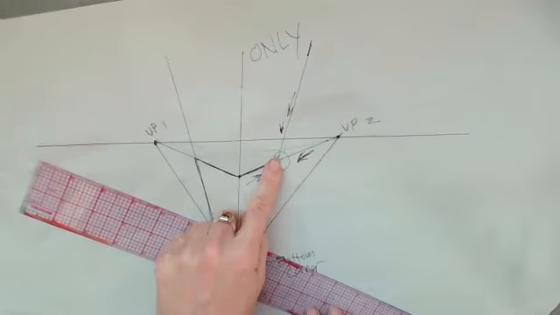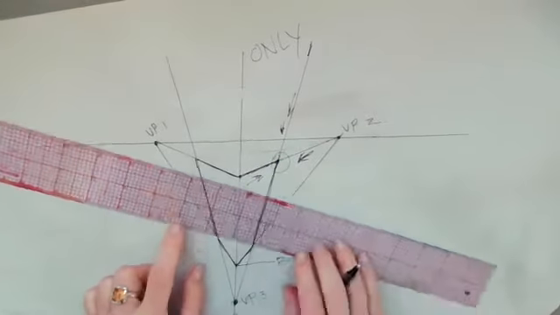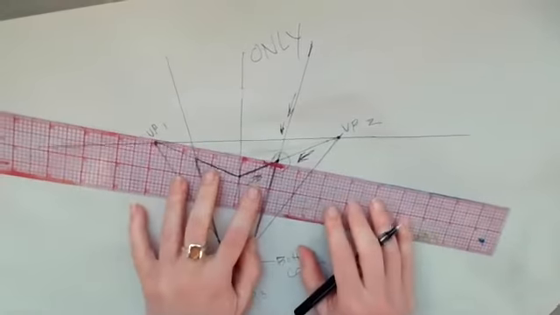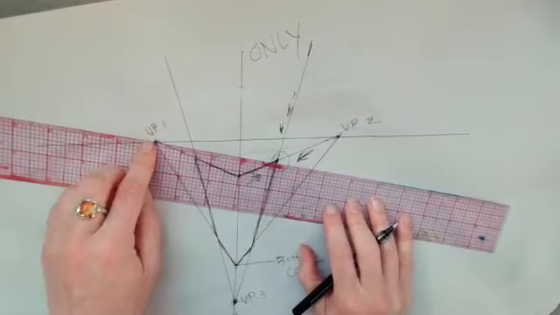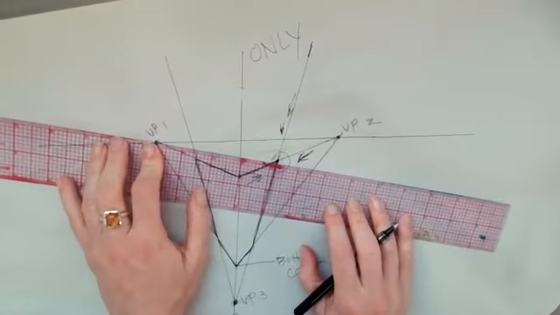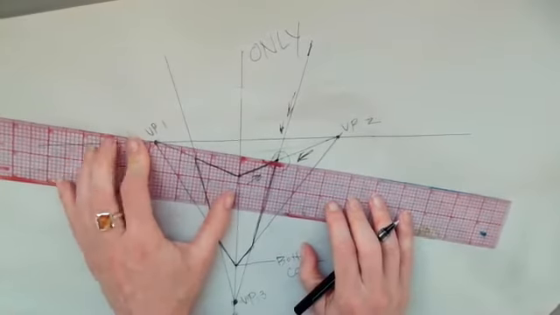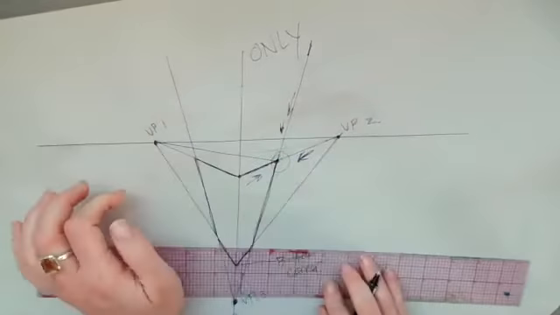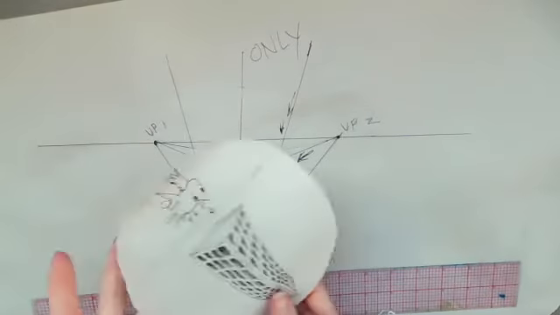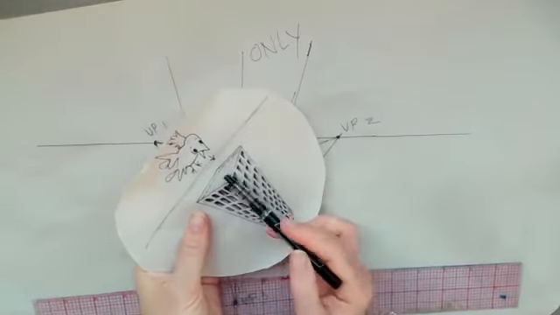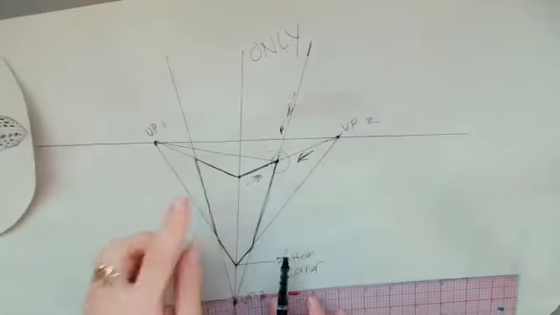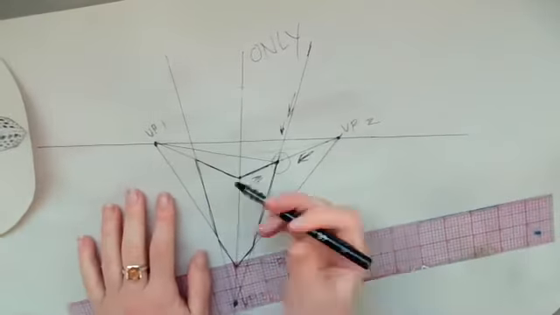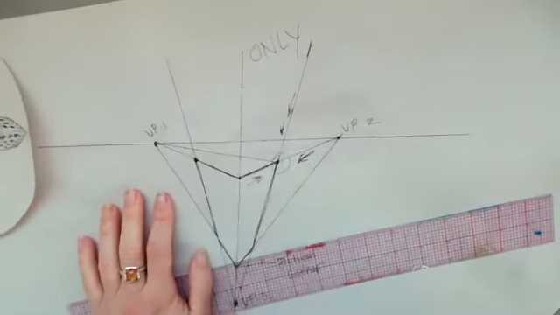Okay, once you see it, you're going to put your ruler there, and you're going to put the other part of your ruler back up here by vanishing point 1, and you're going to just draw that line in. Okay, now we've made the back side of the roof. We have one more line to connect. It's going to be the same story over here.